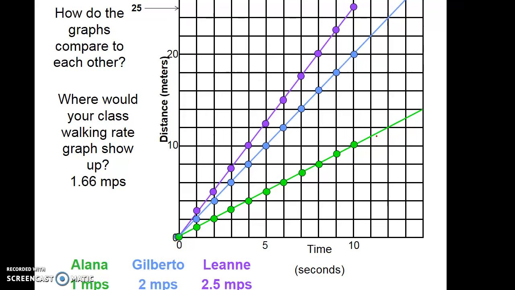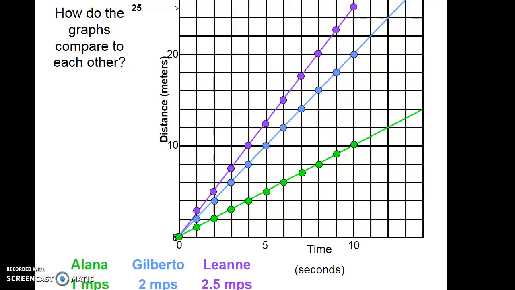So if our class walking rate, our average, or the one that we use for 1.1, was 1.66 meters per second, where would that fall on this graph? Would it fall below Alana's line? Would it be above Leanne's line? Would it be between Gilberto and Leanne? Or between Alana and Gilberto?